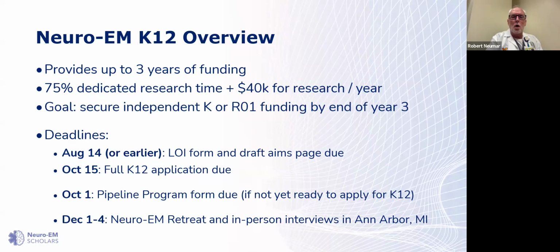The goal is ultimately your success and the success of the program is that the funded scholars secure either an independent K or R01 or R01 equivalent funding by the end of the 3-year program, which by definition indicates that you'll be expected to be submitting either individual K or R level funding while you're still in the program, not afterwards.